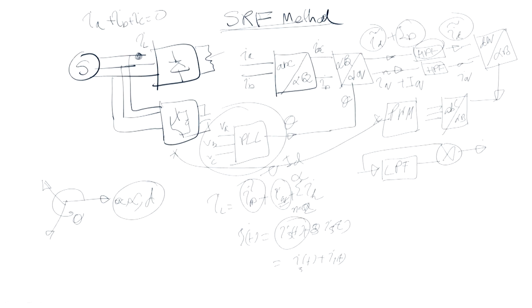So, this is the constitution of the high pass filter. How accurately you set this, because it is a DC value: you can set the cutoff frequency at 0.1 hertz, at 1 hertz, at 10 hertz, and so on.